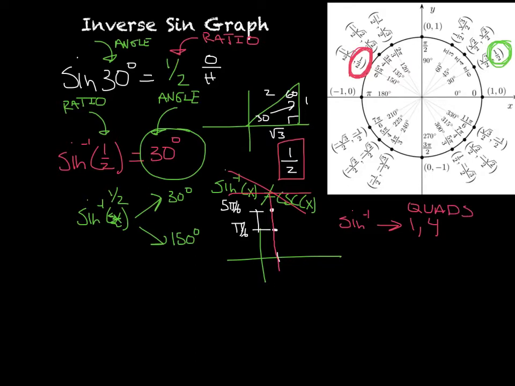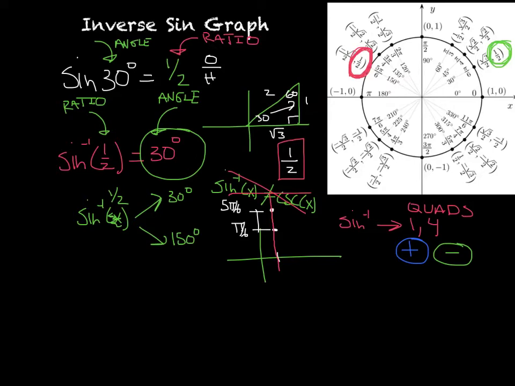And so for all positive angles, you're going to be focusing in on quadrant 1. For all negative values of sine, you're going to be focusing on quadrant 4. So let me repeat that. For positive values of sine, you're going to be focusing on quadrant 1.